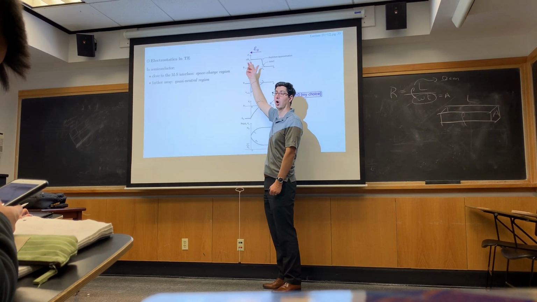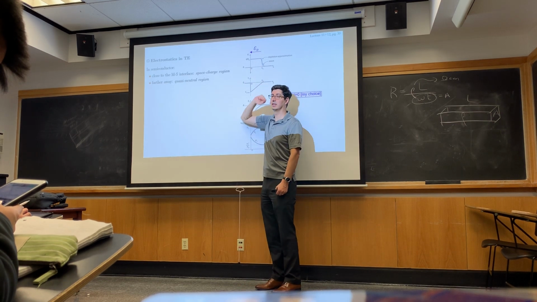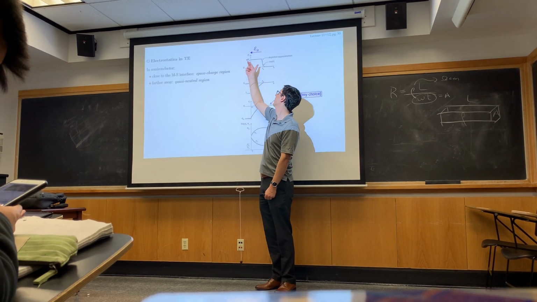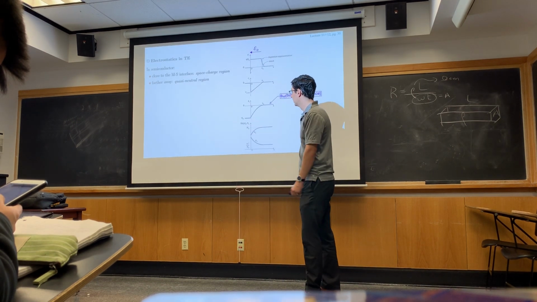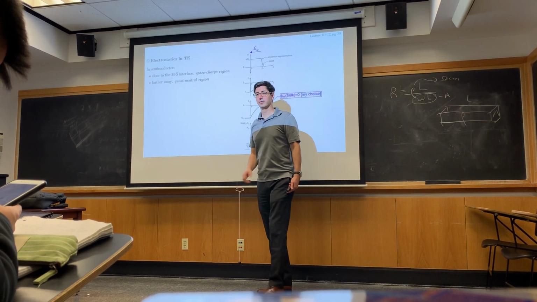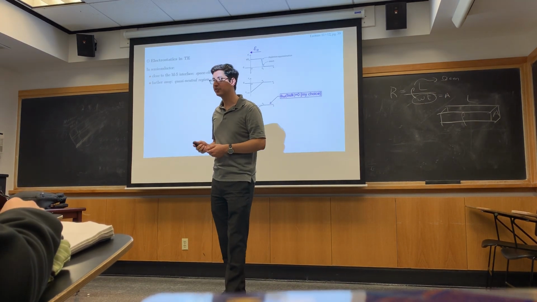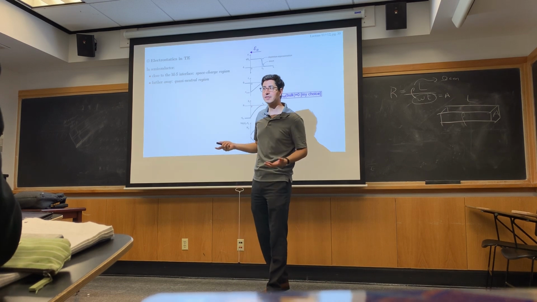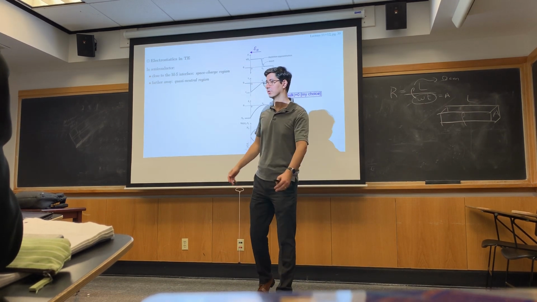Remember, this is a plot of rho, the net volume charge density, so that's just showing the ionized donors behind, which are positively charged. So all it takes for my carrier concentration to change by 100x, which is basically the question, is 120 millivolts.